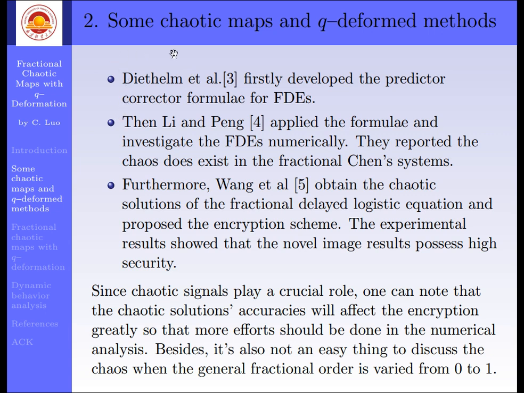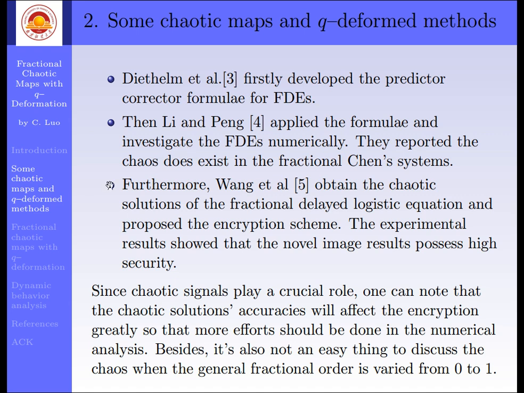First, we review some chaotic maps and q-deformed methods. Ham first developed the predictor-corrector formula for fractional differential equations. Then Ni and Peng applied the formula and investigated the fractional differential equations numerically.